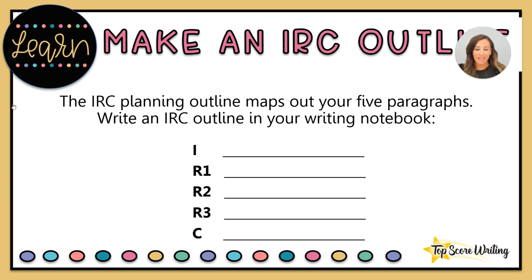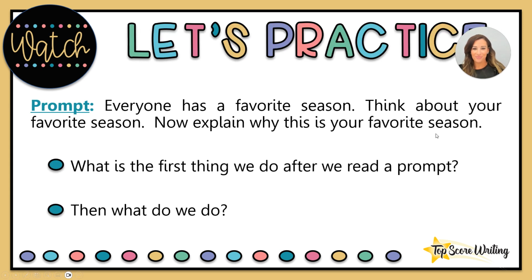Now that you have your IRC outline, let's practice. Let's look at today's prompt. Everyone has a favorite season. Think about your favorite season. Now explain why this is your favorite season. What is the first thing we have to do after we read a prompt? Does anyone remember? We read the prompt and we have to identify the key word.